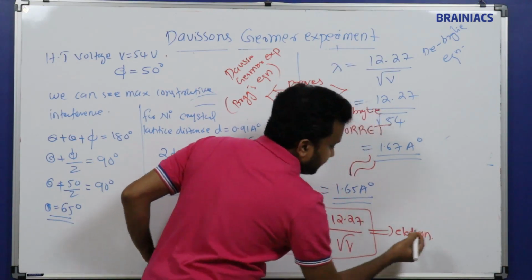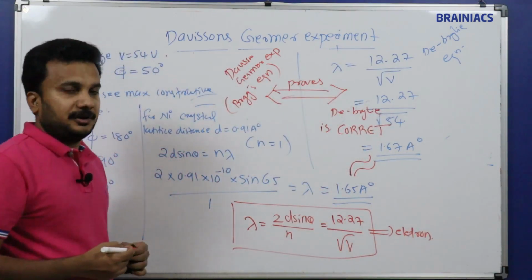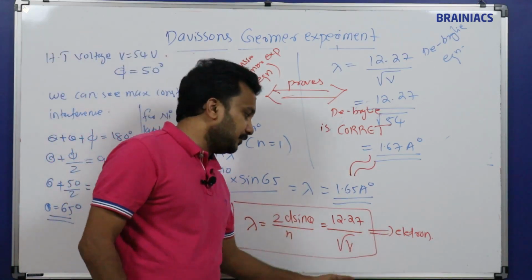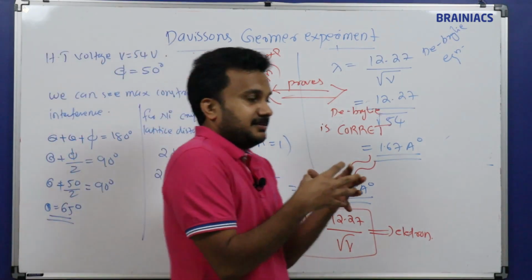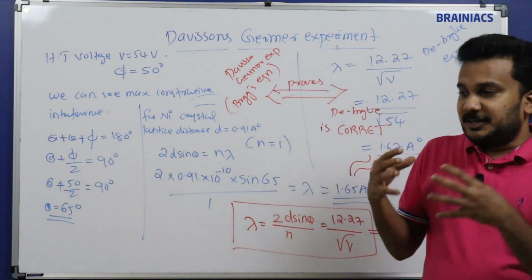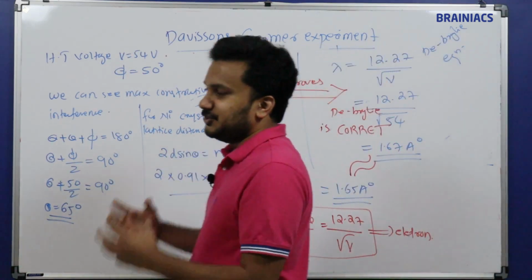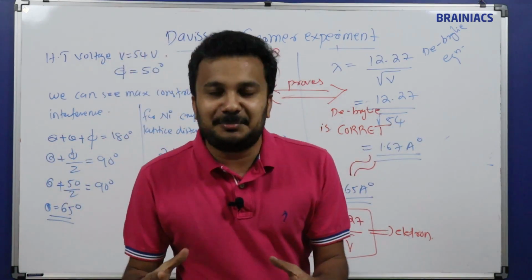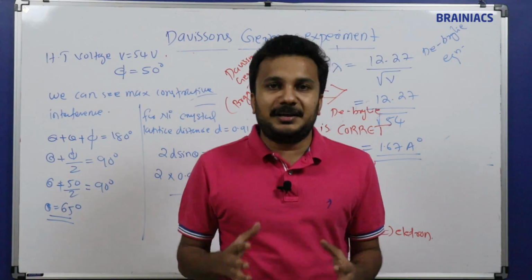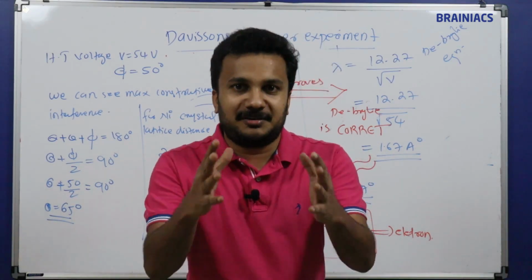If some other particles are coming, as I told, root V you cannot apply because this is a standard value for electron. So this is a final conclusion, which means you can club the Bragg's equation, the de Broglie equation, Davisson-Germer. Everybody finally belongs to a single family. That single family is called wave nature of the particle.